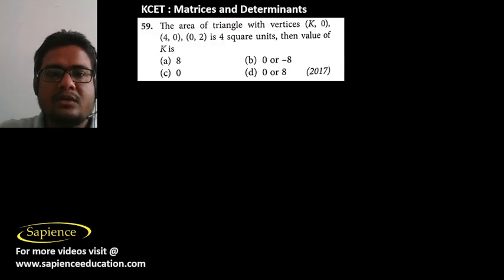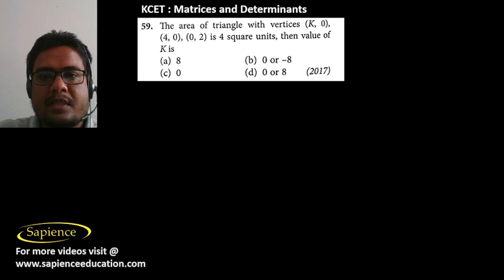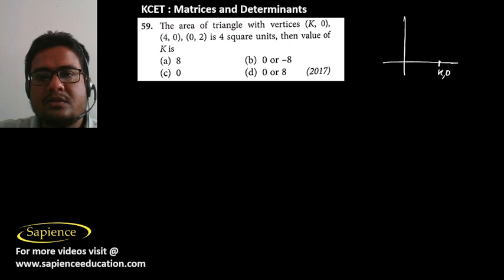Then question number 59, it is told the area of the triangle with vertices k, 0, 4, 0, and 0, 2 is 4 square units. K comma 0 is a point on the x-axis. Let's say it is k. This is 4, 0, so k can be here also, it can be here also. This is 0 comma 2 on the y-axis. We have to find the area of this triangle.